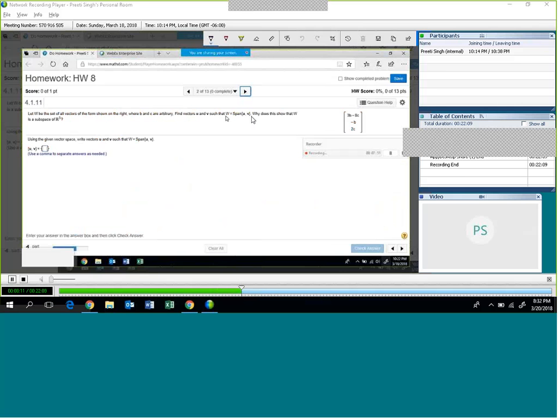Clearly, you can see one set are the multiples of b and the other are the multiples of c here. If I write one vector as a multiple of b and one vector as a multiple of c, then the span of those two vectors will be your subspace, right? So let's see what I can do.